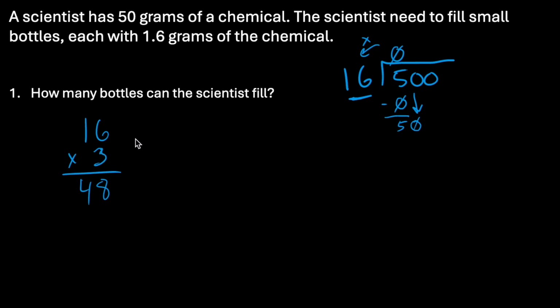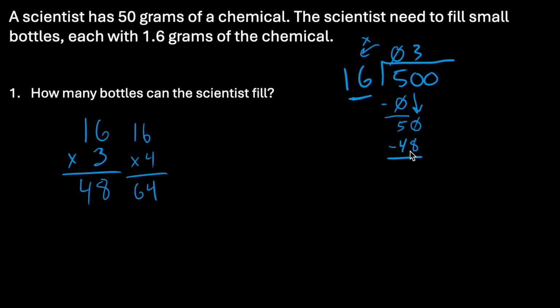So it can't be 16 times 4, because that will give us 64. So we write the 3 above the long division symbol, and then we multiply 3 times 16, and that gives us 48.